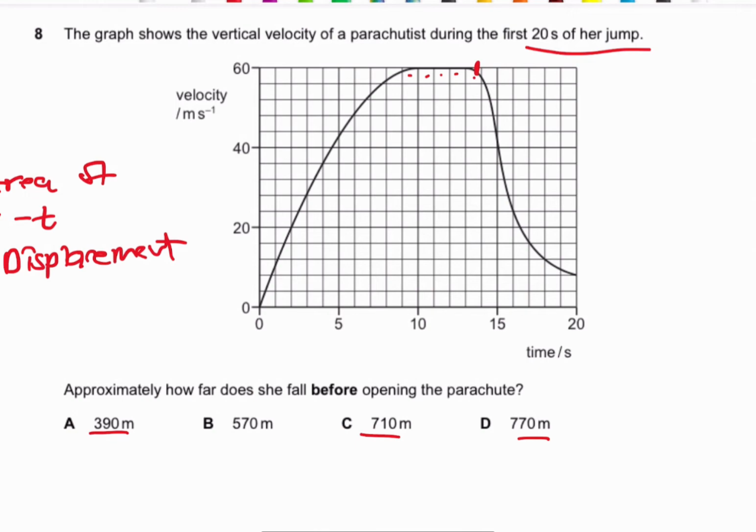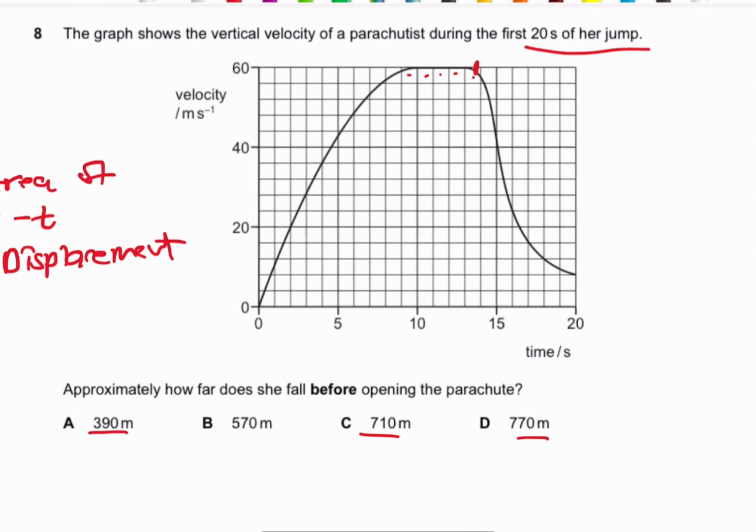The tricky part is 710 and 770, so we have to be very careful about that. But if I go down here, this area is essentially going to be a trapezium. So how do I find the area of a trapezium?